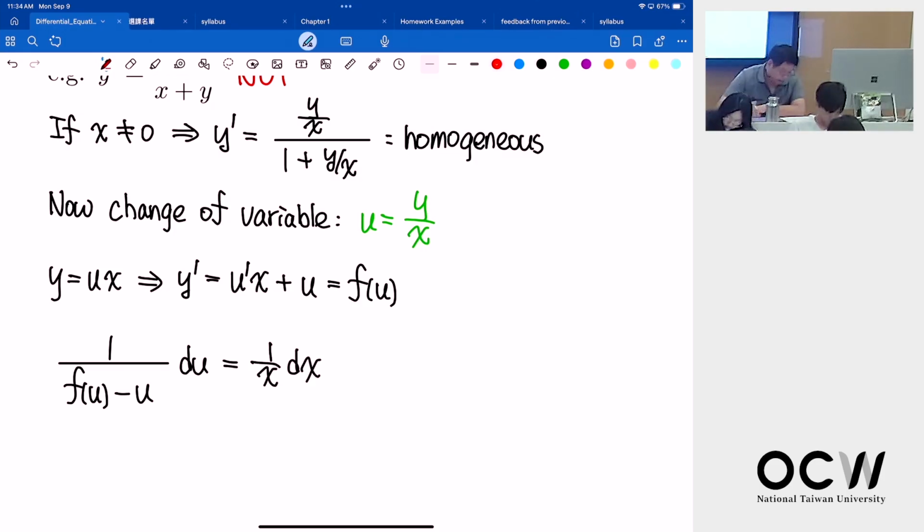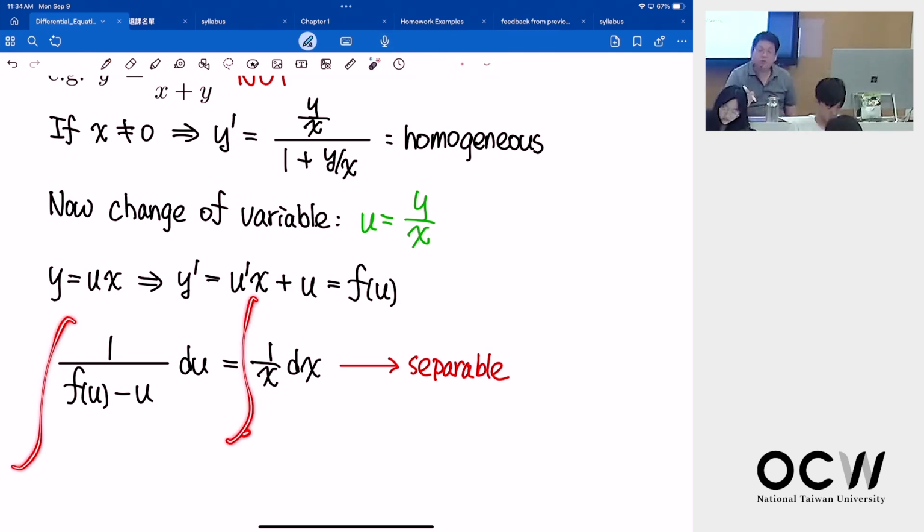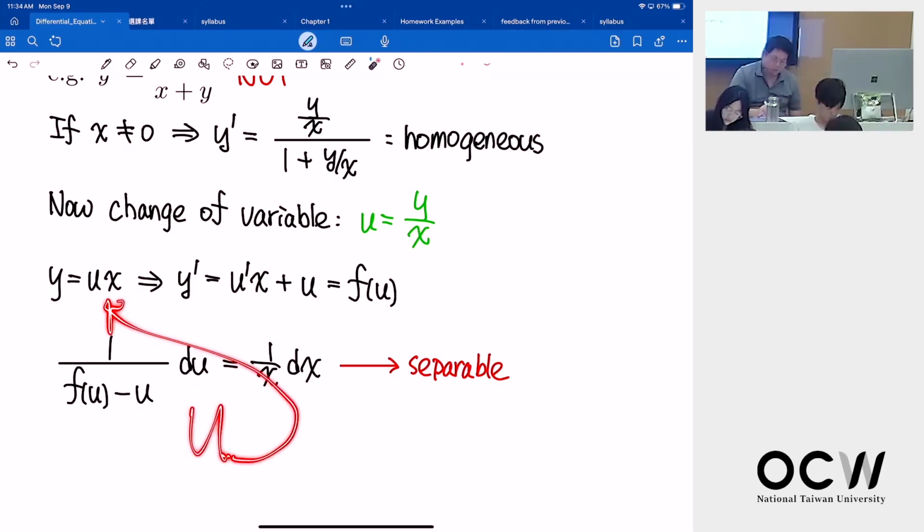And you can see that this is separable. Since it is separable, you just take the integration, then you can find your u. Once you find your u, go back. Done.